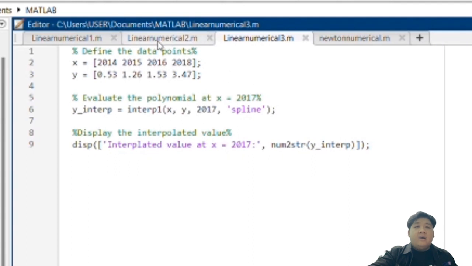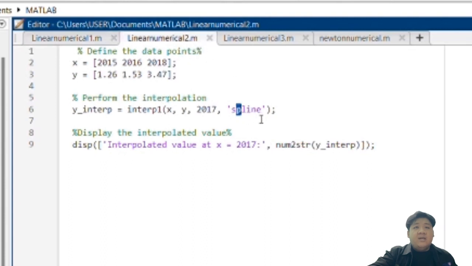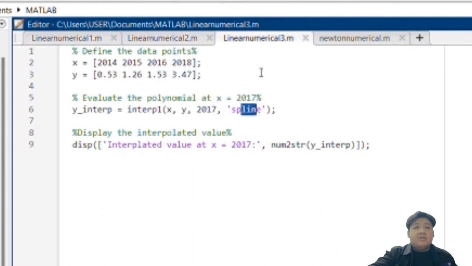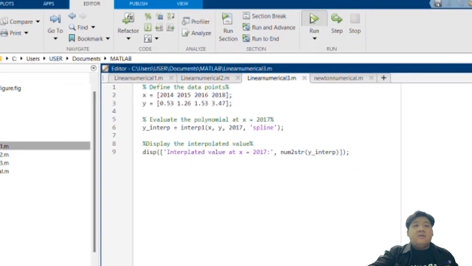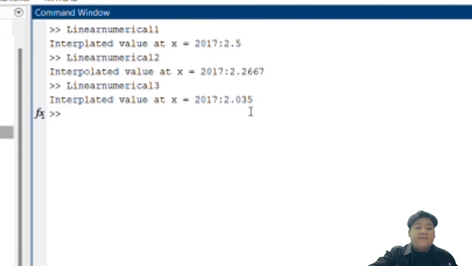Same thing. The difference between all these is this one: linear, spline, and so on. So next is cubic approximation. When we run, the answer is 2.035.